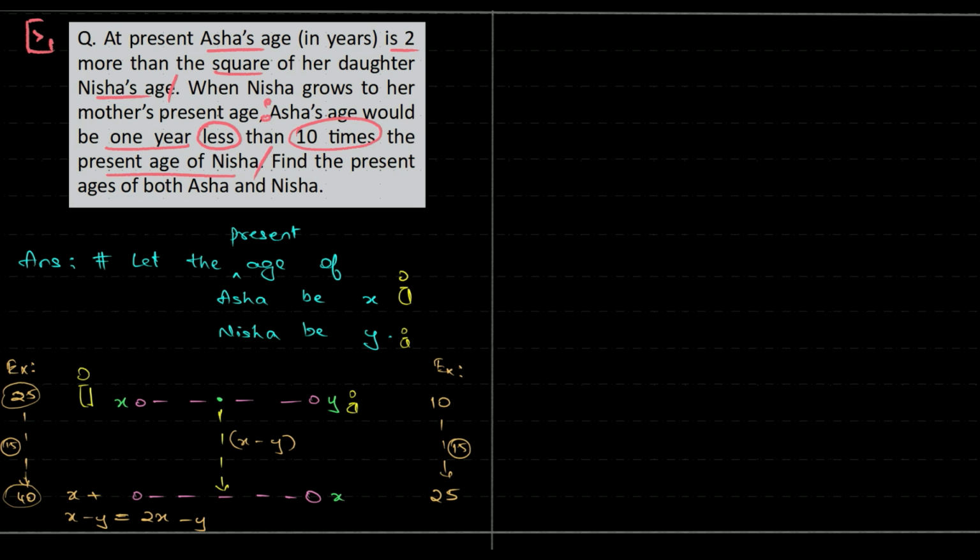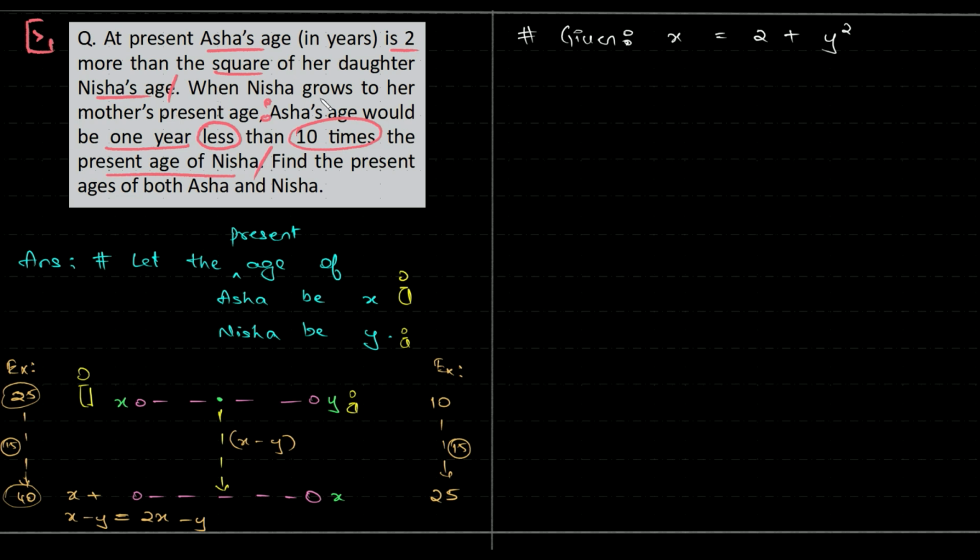Now on to writing the equations, because without the diagram you won't be able to write them. The very first statement: at present, Asha's age is equal to 2 more than the square of Nisha's age, X equals 2 plus Y square.